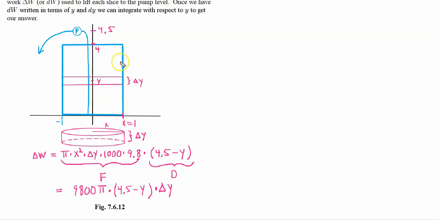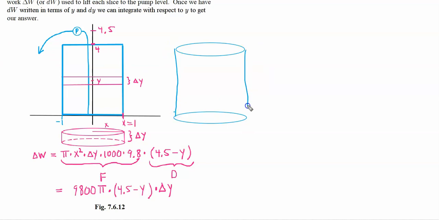The height of the tank is 4, so you see that's 4 right there on the y-axis. And now this is really a cylindrical tank, so you have to realize that this is a side view of it. It actually looks something like this. Okay, so this is a side-on view of it.